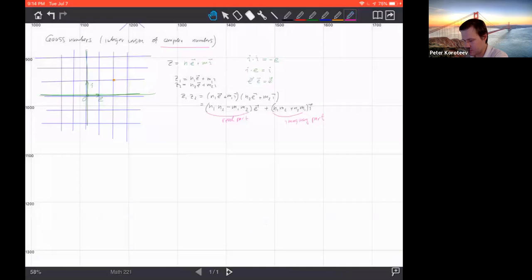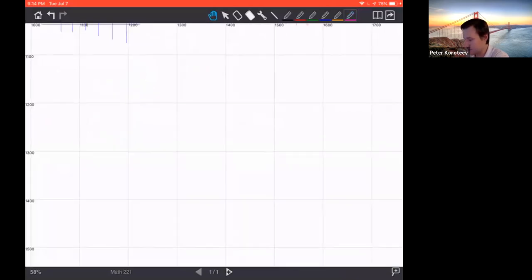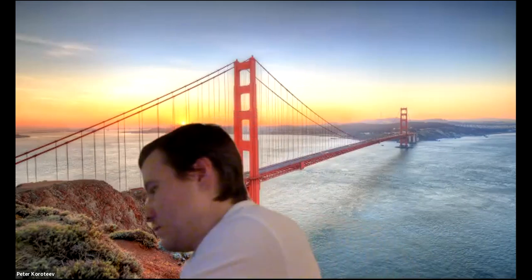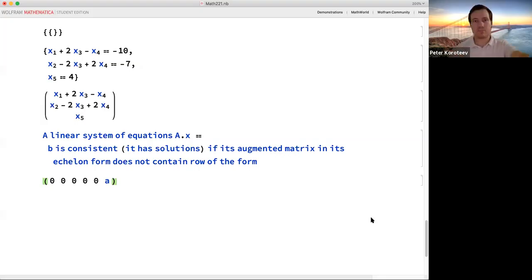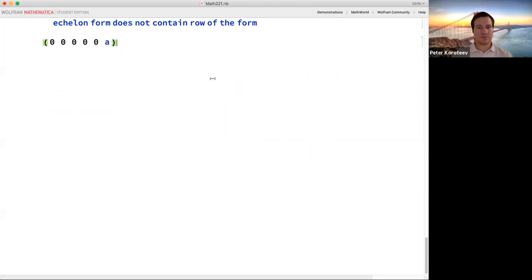I think we should now switch back to Mathematica because it's easier to type there. Let's look at some examples of linear combinations of vectors.